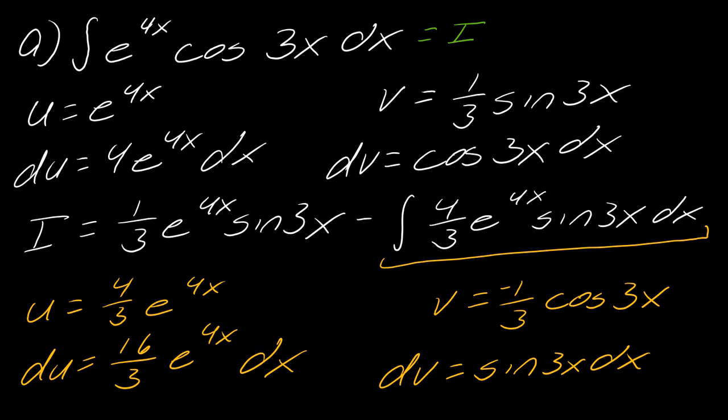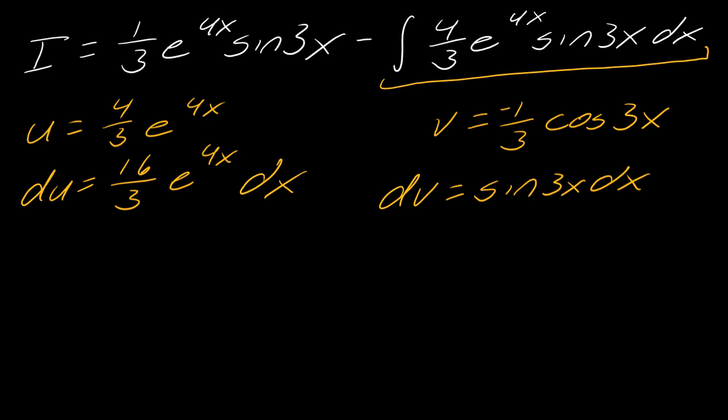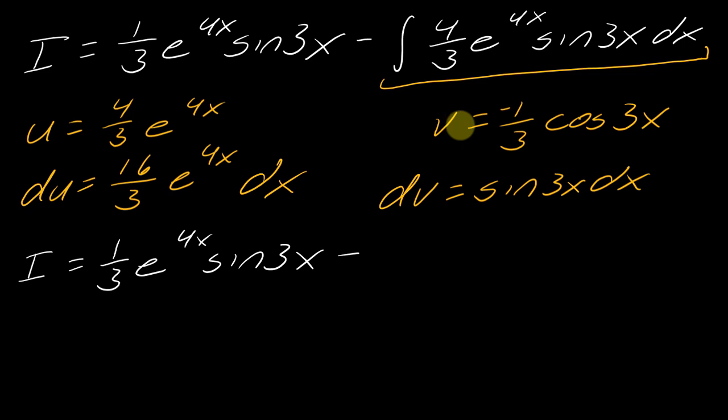Okay, so here we go. I'll clear a little space. Now I've got that my integral is 1/3 e to the 4x sine 3x minus, and now I'm going to start my new integral. This will be uv, u times v, so that's a negative times a negative.